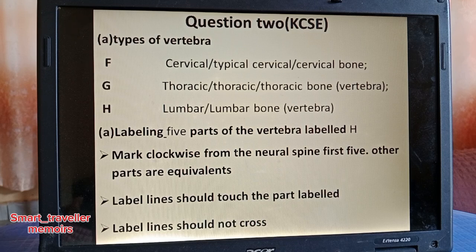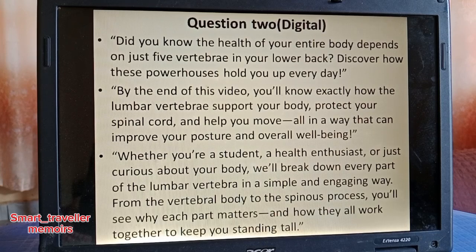Other parts are equivalent. Label lines should not touch the part labeled. Label lines should not cross. Fine.